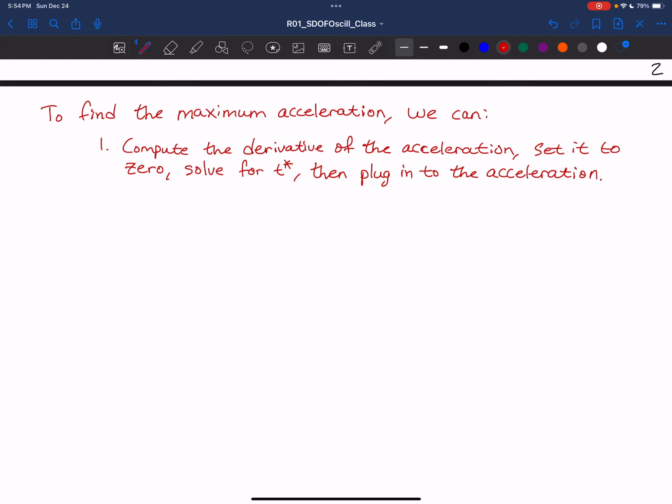However, there's a second approach, which is that we could instead find the time when the velocity is 0. And then plug that into the acceleration.